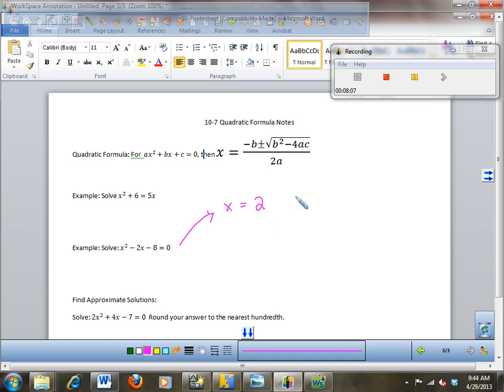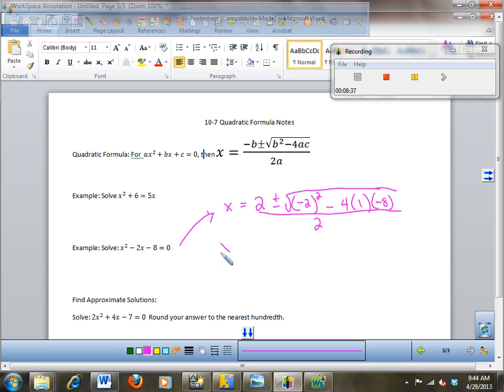Negative negative 2 plus or minus the square root of b squared. So that's negative 2 squared minus 4 times a, which is 1, times c, which is negative 8. That whole thing over 2a, and a again is 1, so it's just 2.